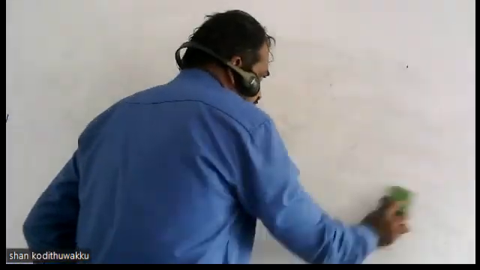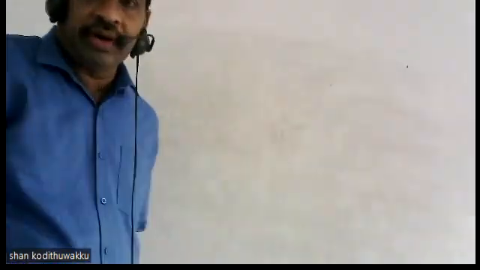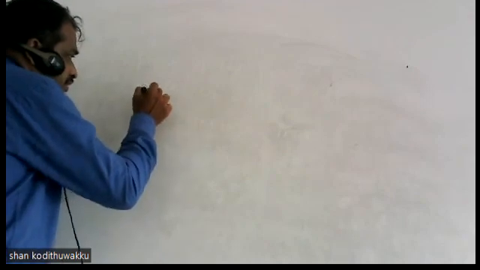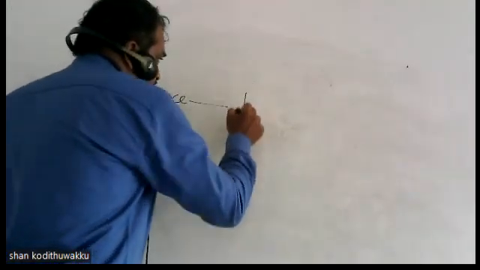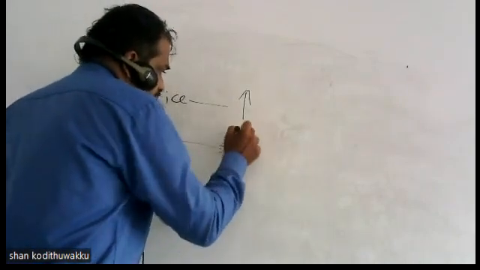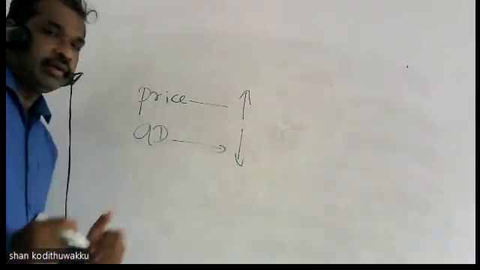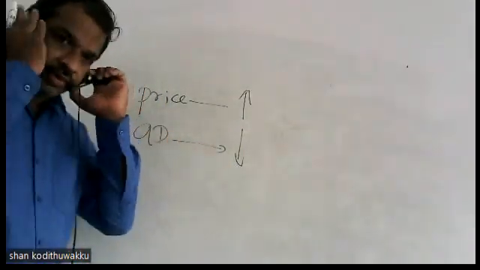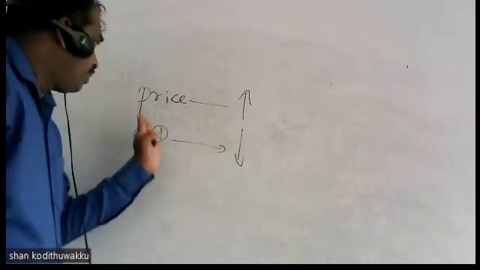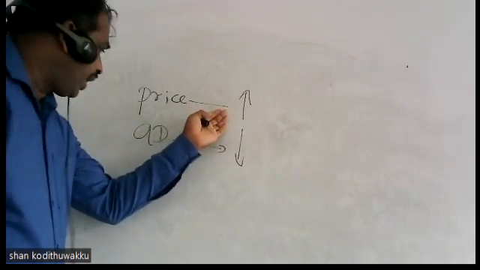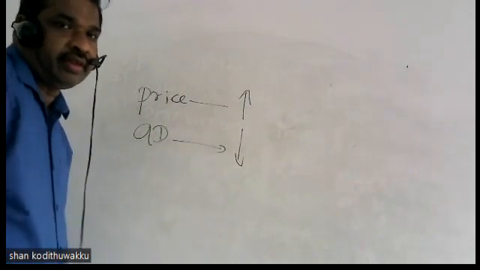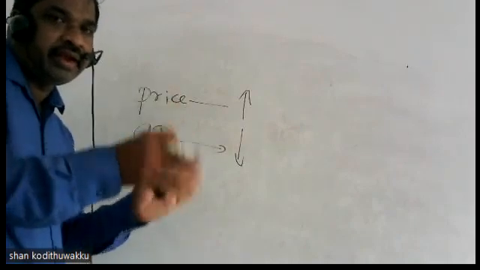As you have got an inverse relationship between price of the product and quantity demanded, when the price increases, QD, quantity demanded, will decrease or come down. Then, because of price of the concerned product, there will be decrease or increase in quantity demanded, not the change in demand.